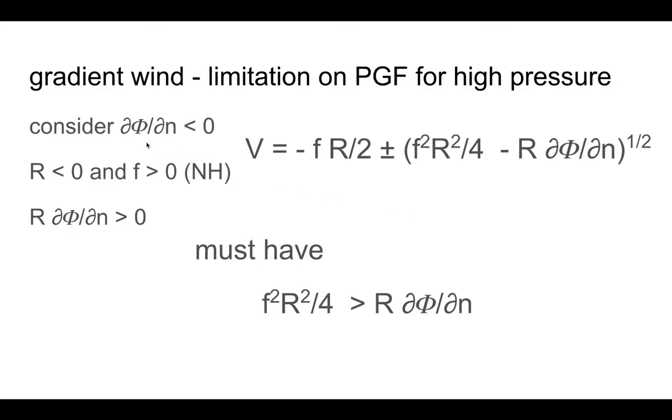Okay, so again, we're looking at negative d phi dn, negative r, and northern hemisphere situation. So r times d phi dn ends up being positive. And since we're subtracting that, that has to end up being smaller than f squared r squared over 4. Okay, so we have to have this situation in order to get a physical solution.